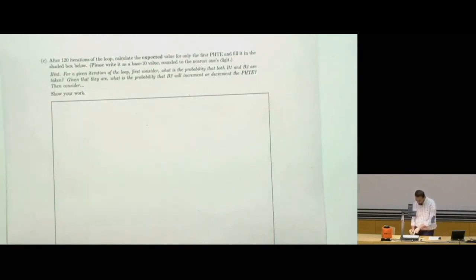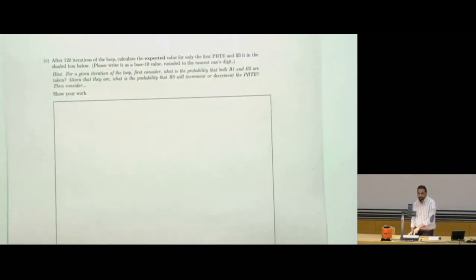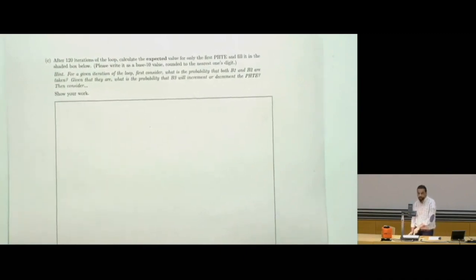So yeah, the question now: I'm doing this for loop 120 times, which means that n is equal to 120. The question asks what the value should be in the first entry, given that the first record is taken and taken. So there are 2 branches taken.